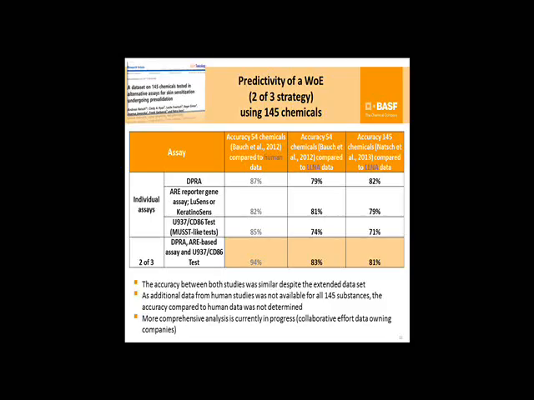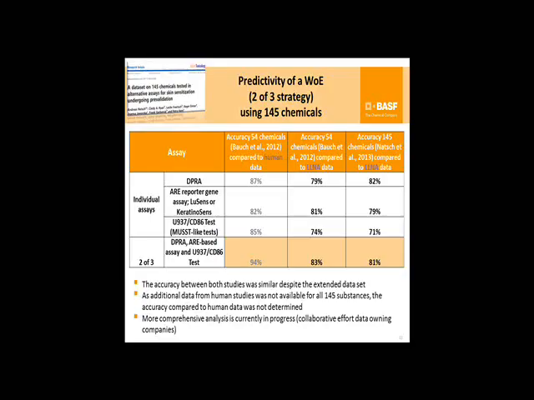Continuing our journey through the data, we have compared here our data to the data that has been published by Andreas Natsch and colleagues. To do so, we have here data sets of our 54 substances, and the publication by Natsch et al. includes 145 substances.